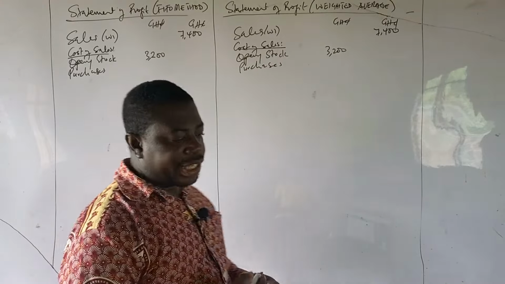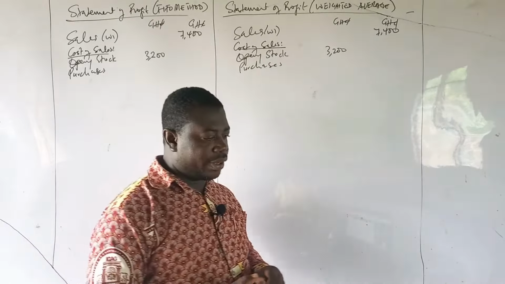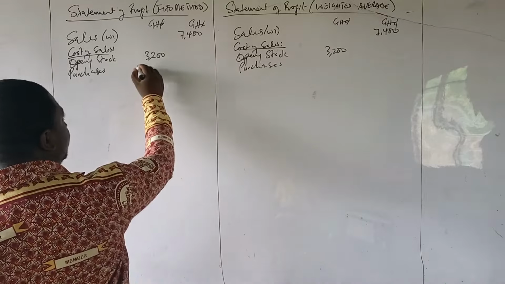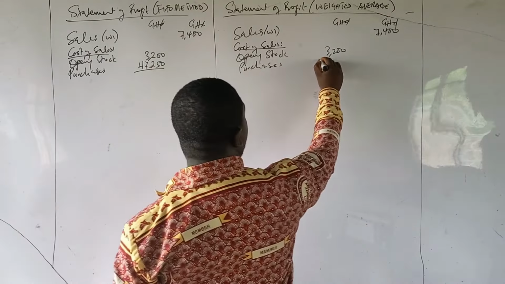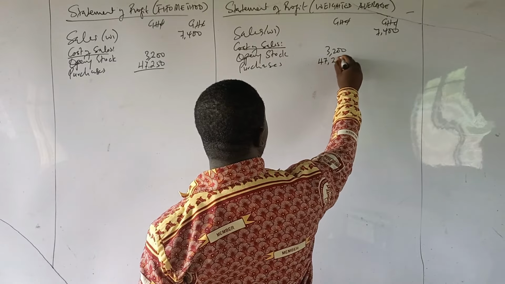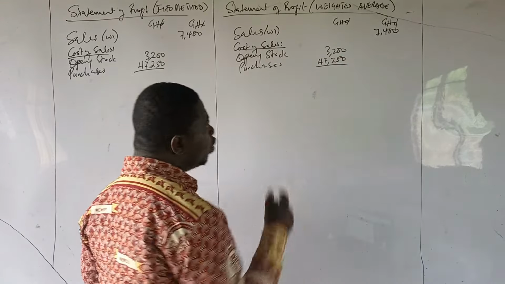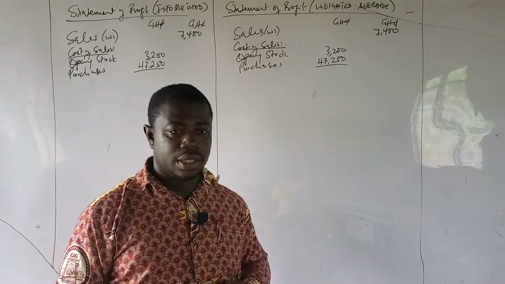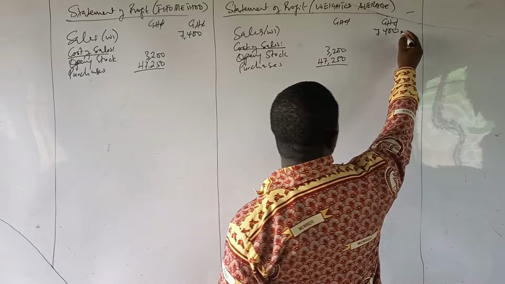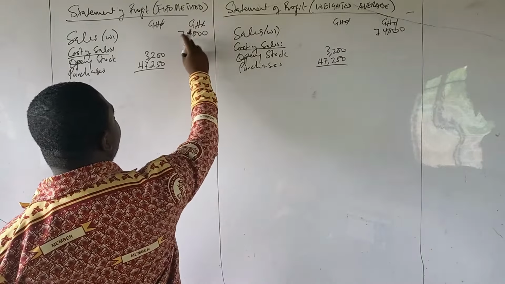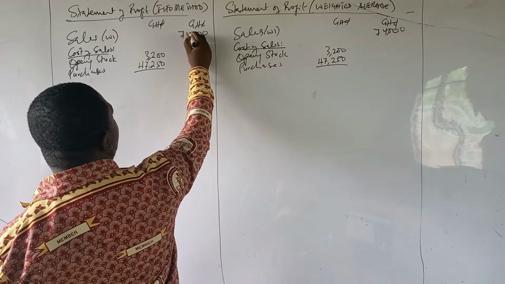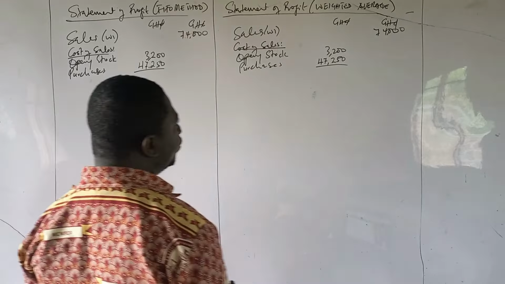Now, the value of purchases that we calculated was 47,250. So that is the same for both methods. Okay, sorry, the sales is supposed to be 74,000. All right. The sales is supposed to be 74,000. Sorry. Here too. All right.